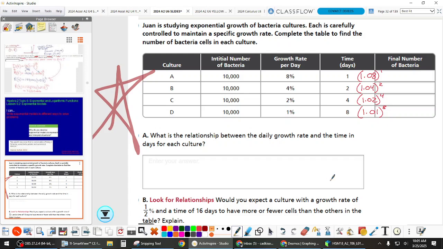And then, of course, times 10,000. Should we put that in there as well?